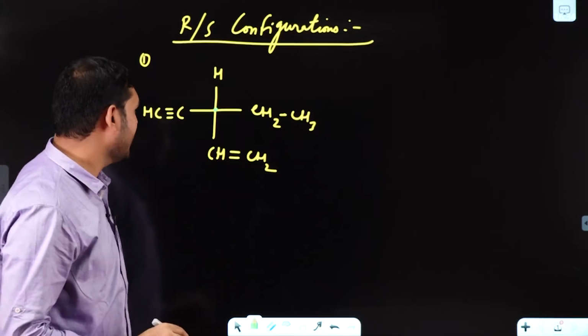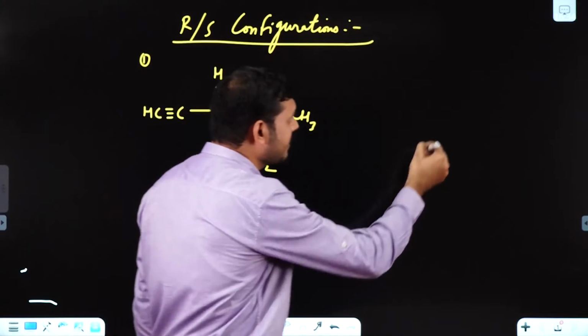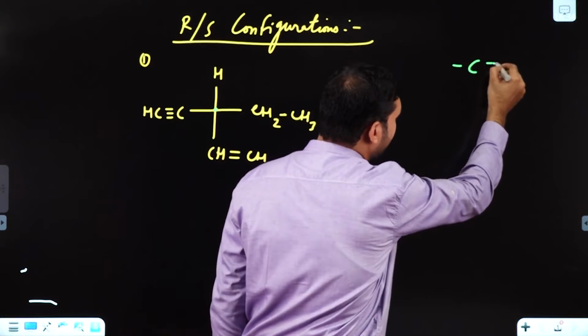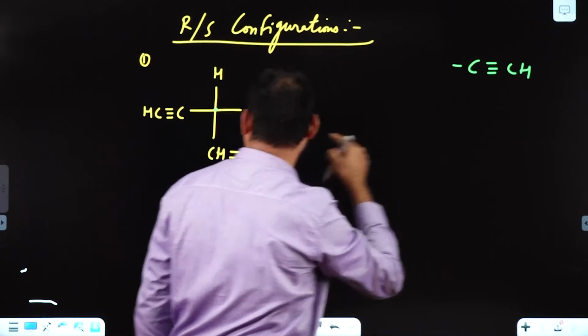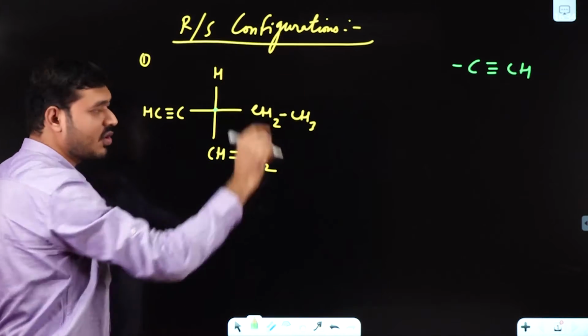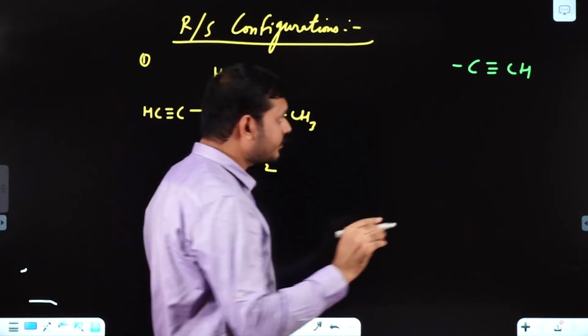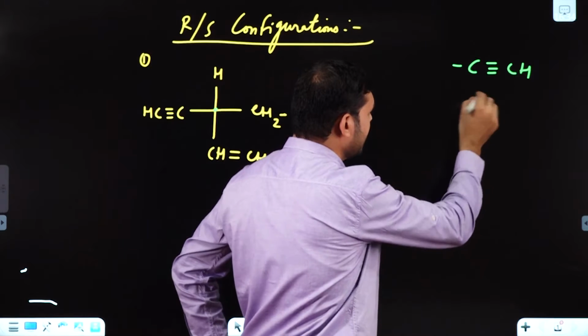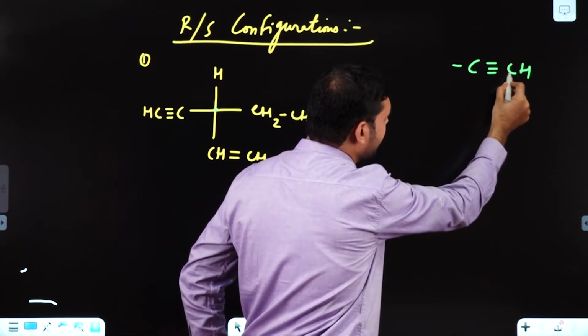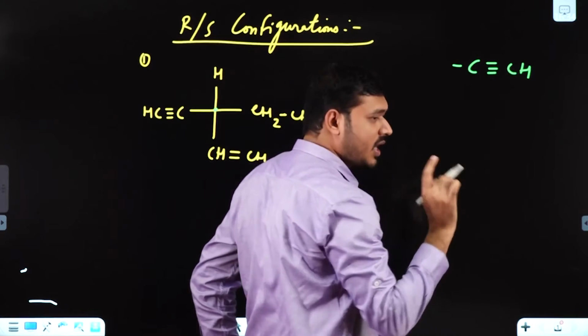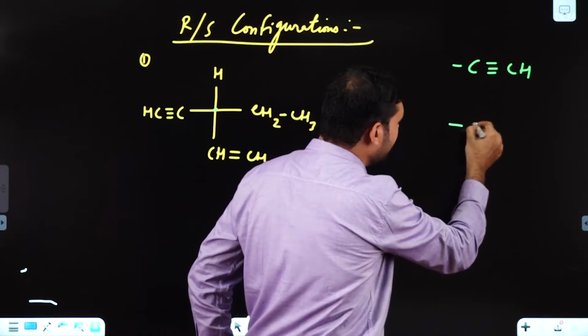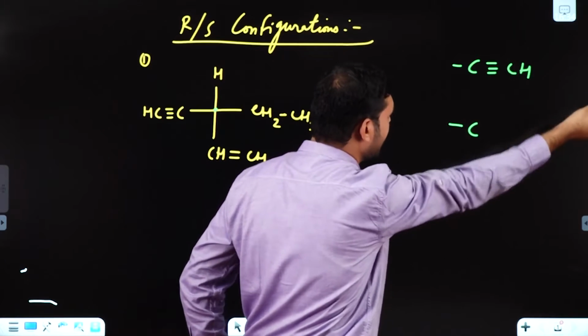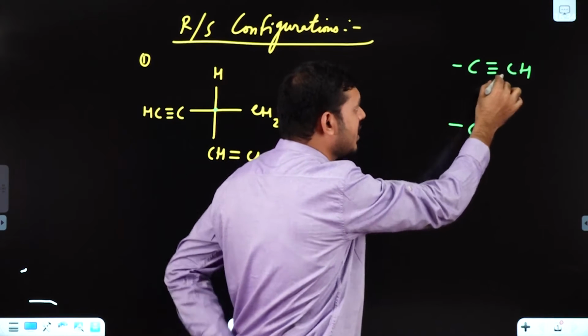So what we need to do here, just understand, suppose you are having C triple bond CH. Here this carbon is connected with a triple bonded carbon, which means this carbon is hypothetically connected with three other carbon atoms.